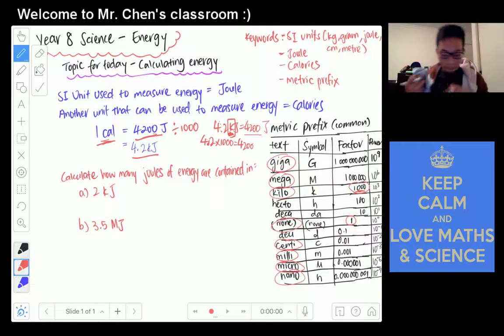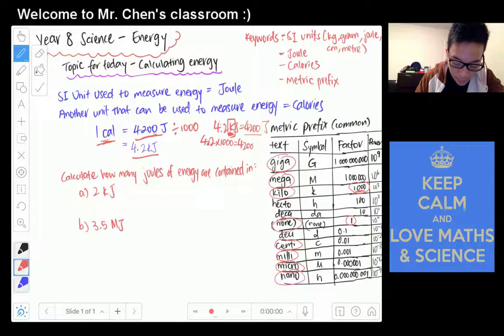Okay, so that's how you actually work them. You can actually do a few other ones. I'll give you one more example before we move on to the example below.